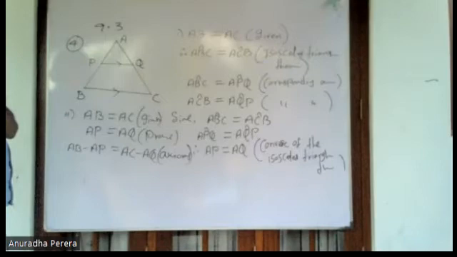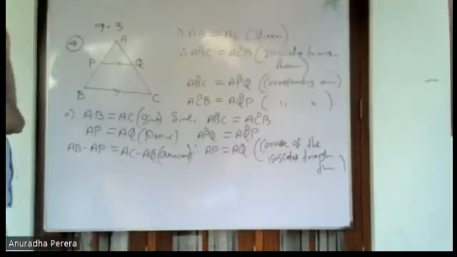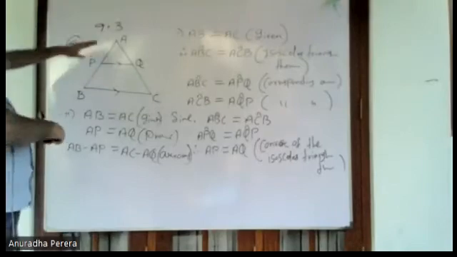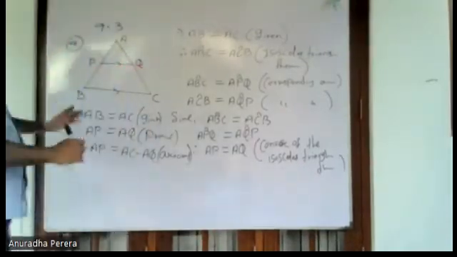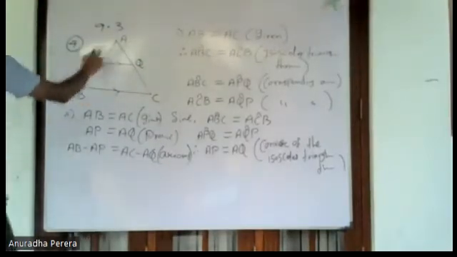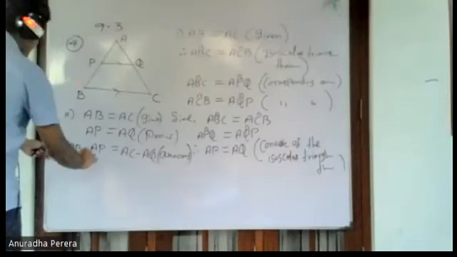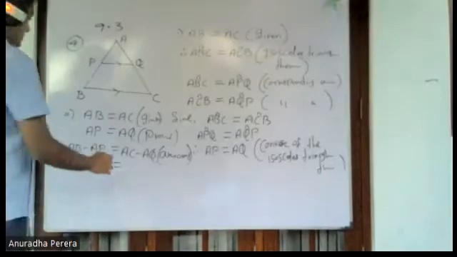Then since AP equals AQ, and AB equals AC, you can subtract AP and AQ from both sides. Yes, correct. You can find the answer using this method also. Very good. Then AB minus AP is PB, and AC minus AQ is QC.